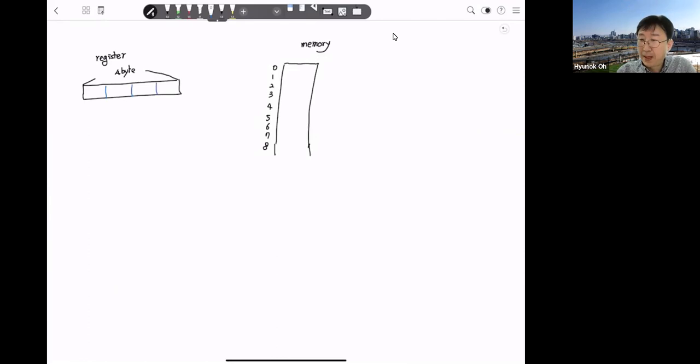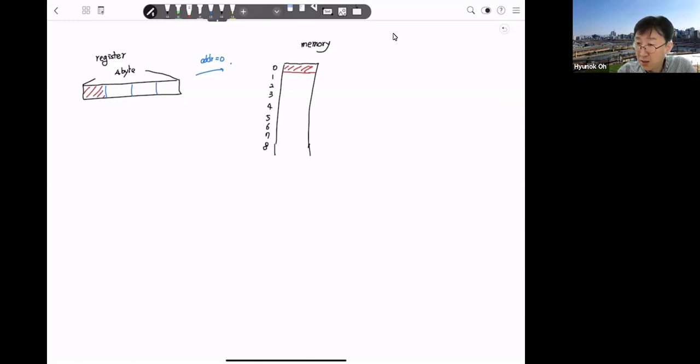If we give address 0, it returns 1 byte, and this byte is mapped onto the first location of the register.